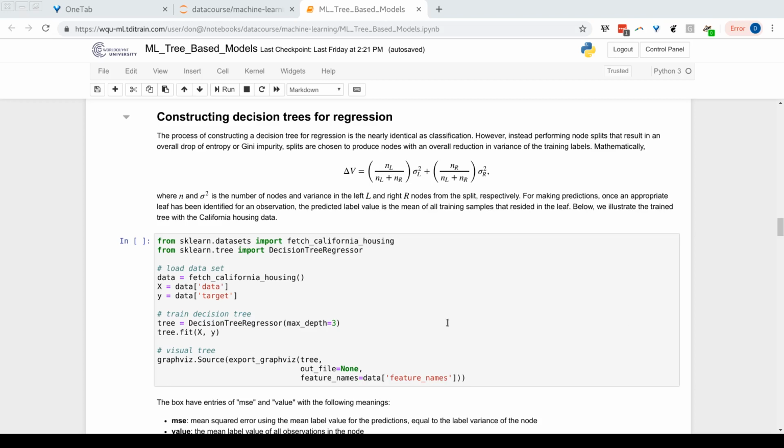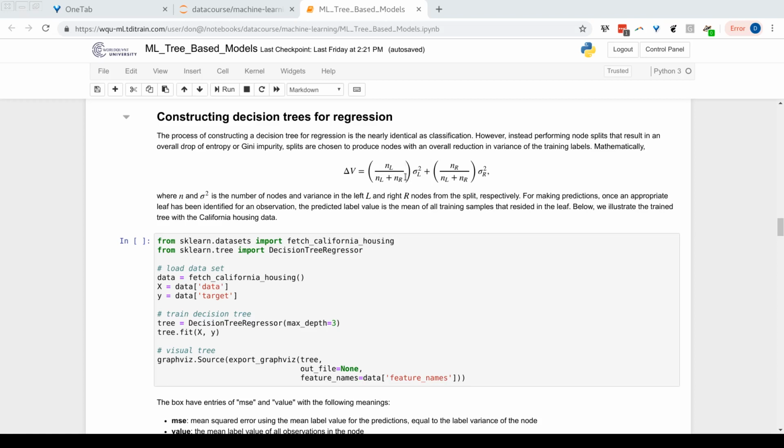So we can write that overall drop in variance in this equation here. Sigma squared represents the variance, and the subscripts L and R represent node left and node right, the two resulting nodes from the split.